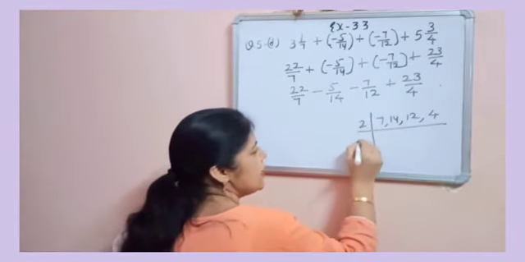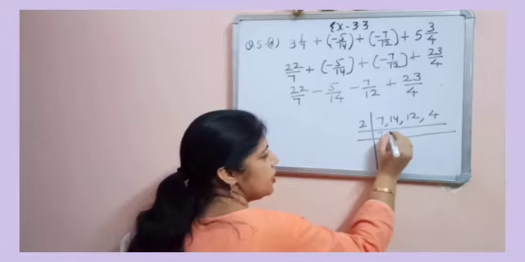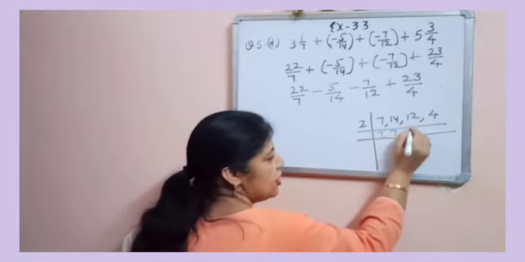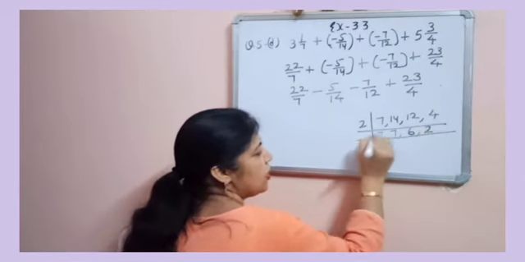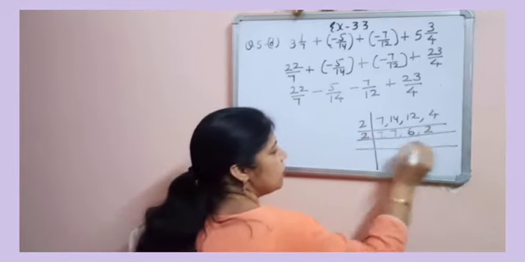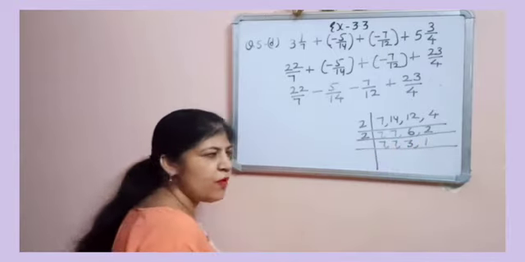Okay. So first it will be divisible by 2. 7, 2 7, 14, 2 6, 12, 2 2, 4. Now again by 2. 7, 7, 3 and 1.